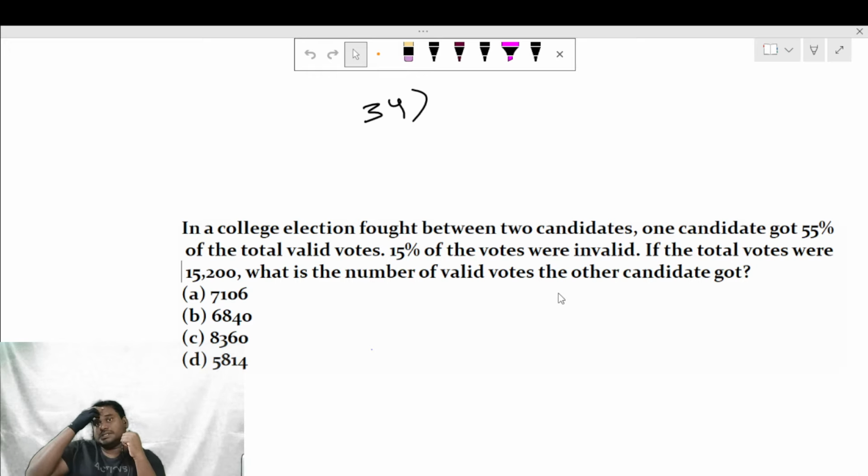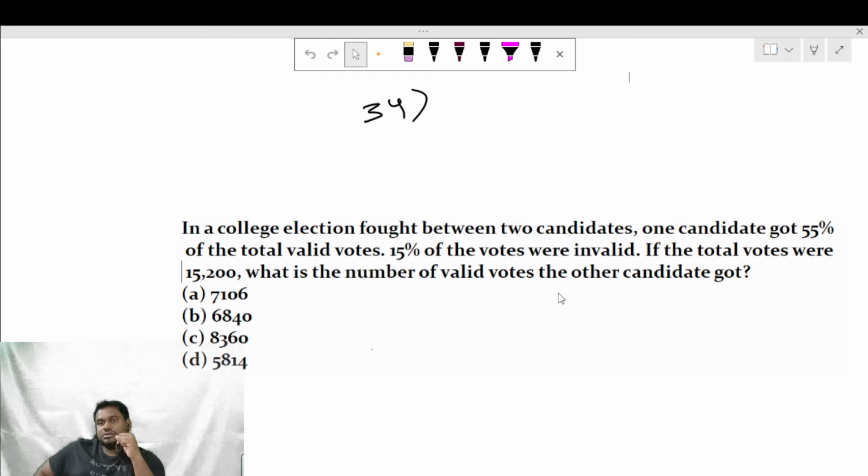So out of 100%, one candidate got 55%, which means the other candidate got 45%. It directly is telling that 15% of the votes were invalid. So out of the total votes polled, 15% were invalid, which means 85% were valid.